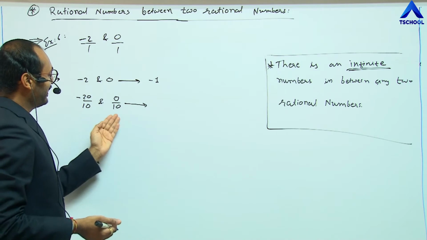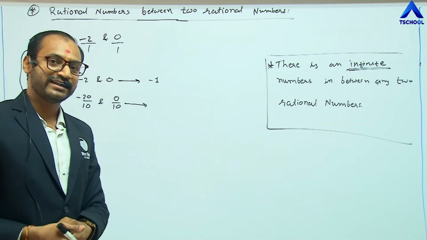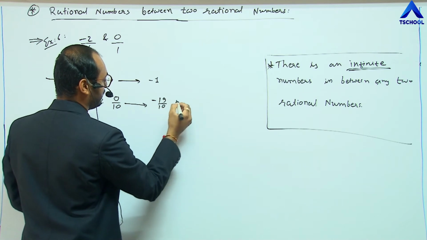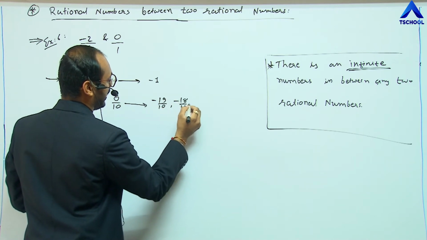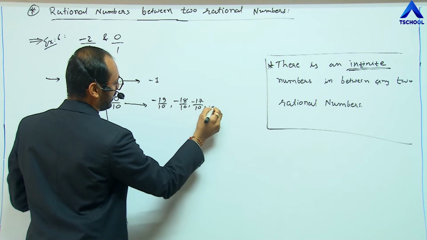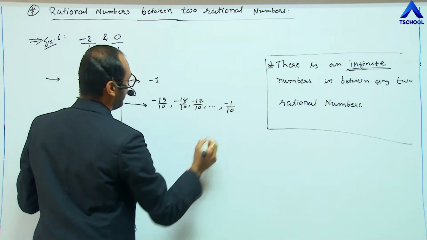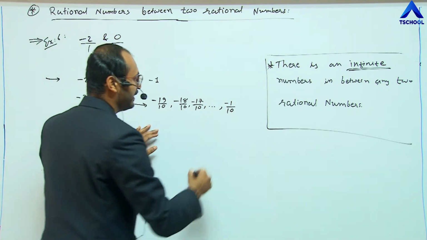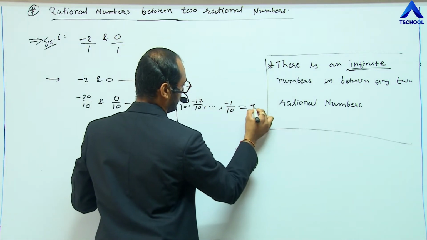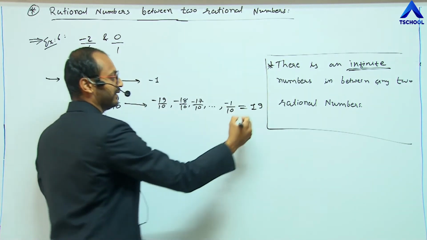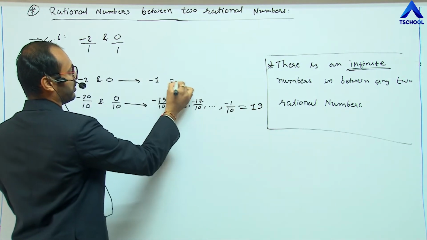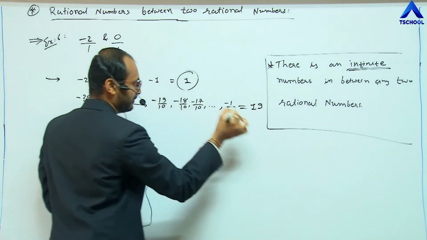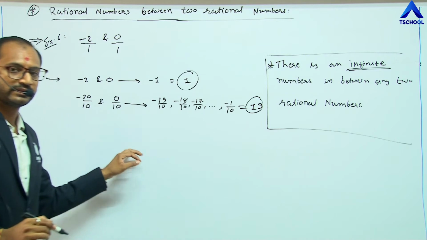Now, how many rational numbers are there? -19 by 10, -18 by 10, -17 by 10, and so on up to -1 by 10. So there are 19 numbers in total between these two rational numbers. These are the rational numbers.